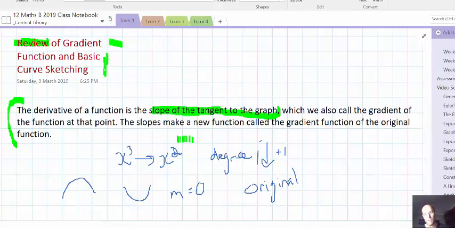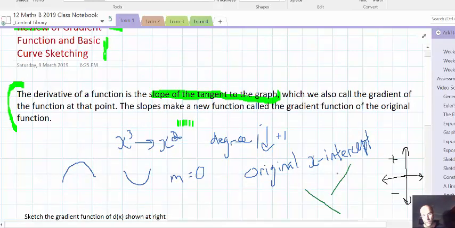It must cut through the x-axis, so it must have x-intercepts. If the original has a max or a min, that means it has a place or places where the gradient is 0 and the gradient function cuts the x-axis because its y value will be 0.